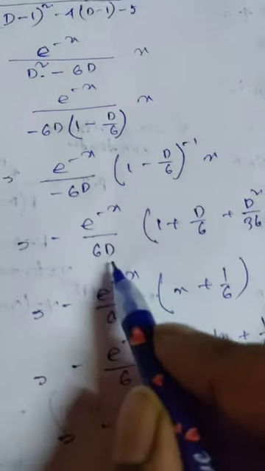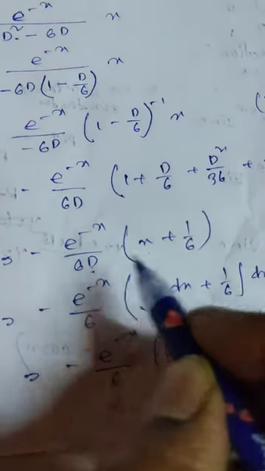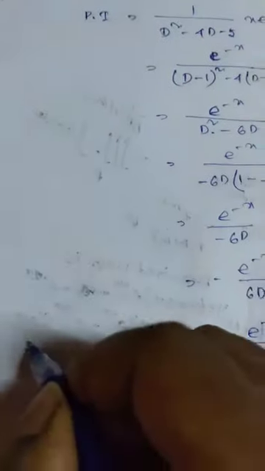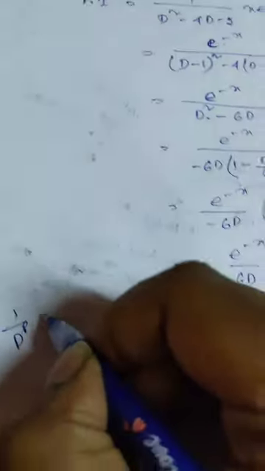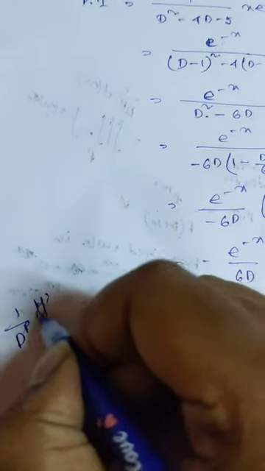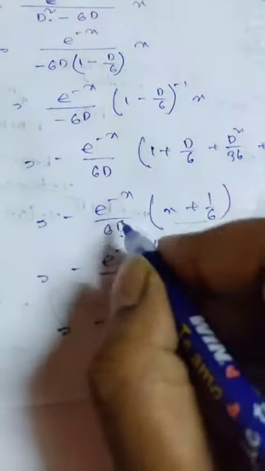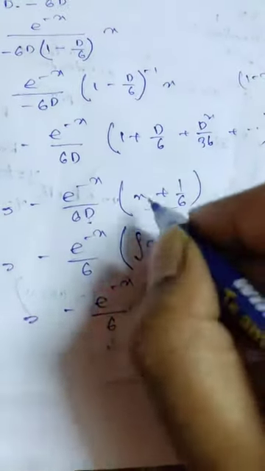And here 1 by D means we have to integrate one time by the rule that 1 by D to the power p of f of x means we have to integrate this function p times, and here p is equal to 1, so we have to integrate one time.